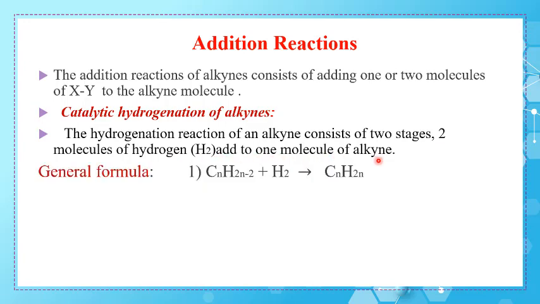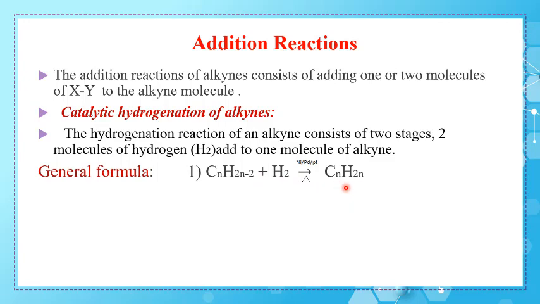If we take first the general formula, we have alkyne CnH2n-2 plus H2, 1 molecule. Here I add 1 molecule for the alkyne, and we must use as catalyst nickel or palladium or platinum in presence of heat. So the hydrogen is added on CnH2n-2, and we obtain 1 product.